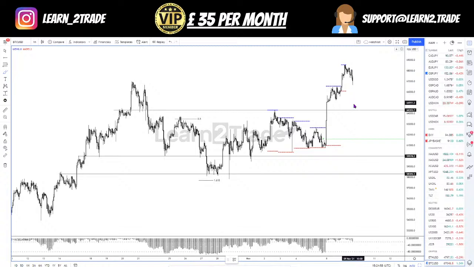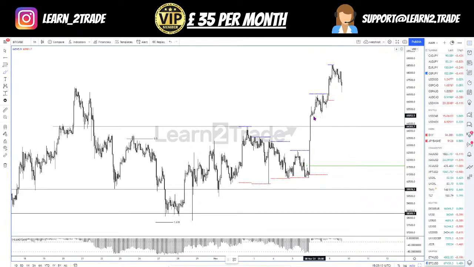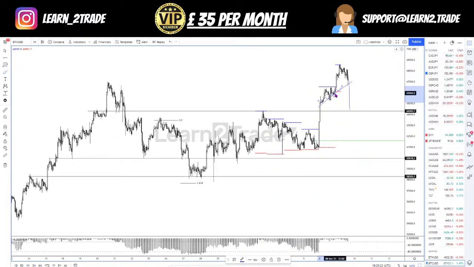If price comes back down to the 64,500 level or so, I don't know if that would be a deep buy, in the sense that if price comes back down here, it would break a ton of structure in this market.